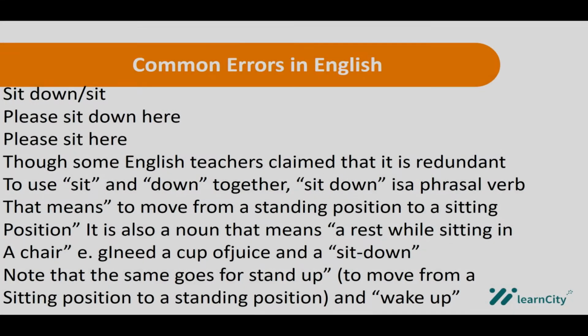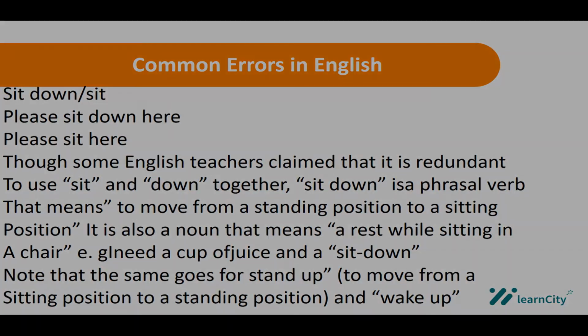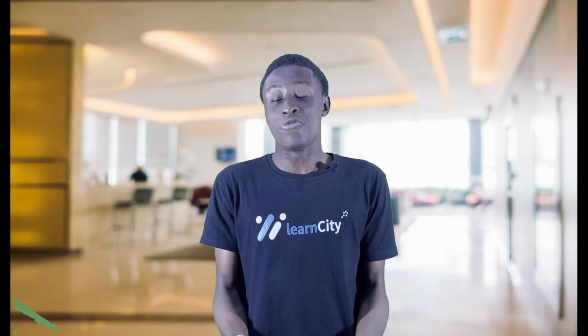All right. The next one we're going to be looking at is sit and sit down. Now, you might be saying that these things are really, really common, but that's the point. It's in the commonness, right, that the mistakes are. Just because it's common is one of the real reasons that we actually make mistakes, because we feel, oh, it's something simple, nobody should actually get it wrong. So sit and sit down is in one of those categories, right? Going straight to the point, let's say I want to sit on the couch.